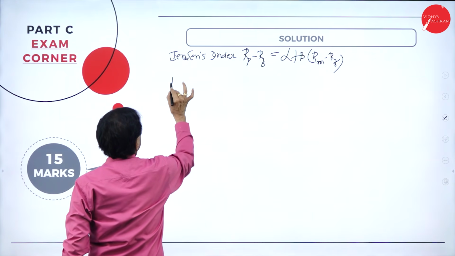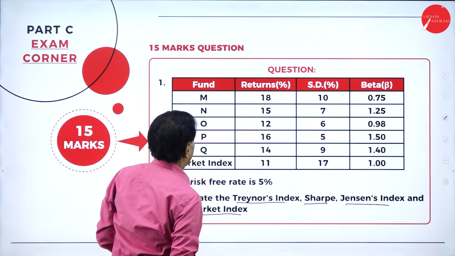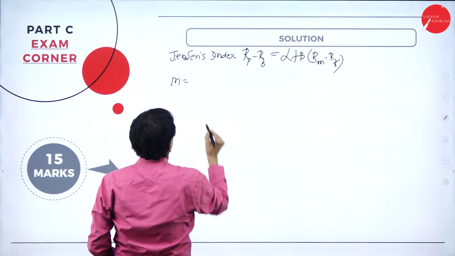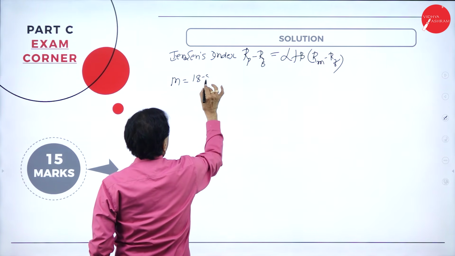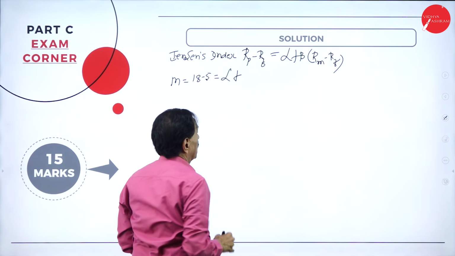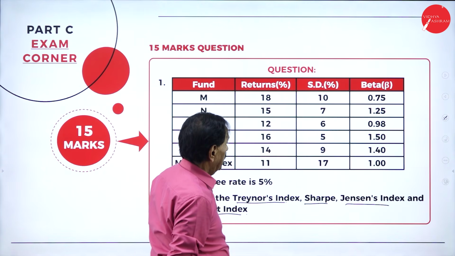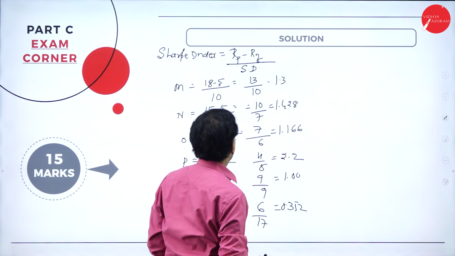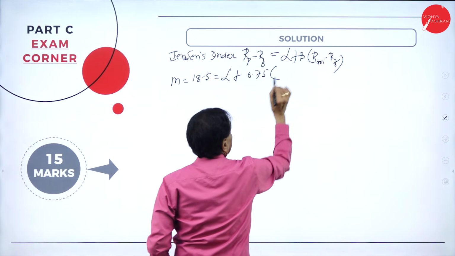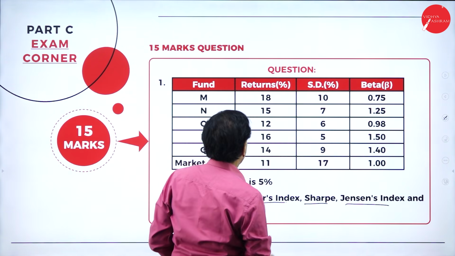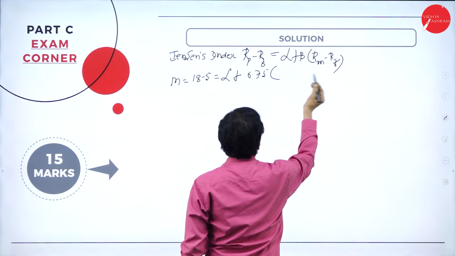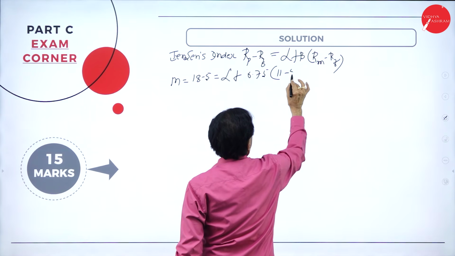M. Return is 18 minus 5 is equal to alpha plus beta 0.75 into return on market, which is 11 minus 5.